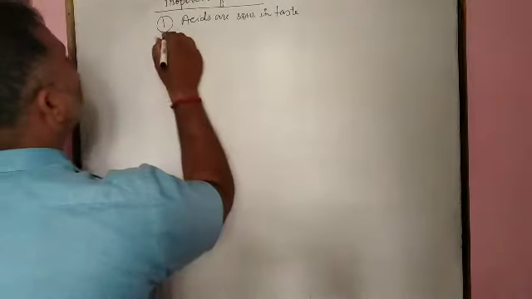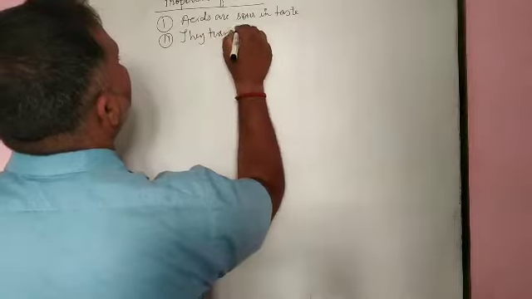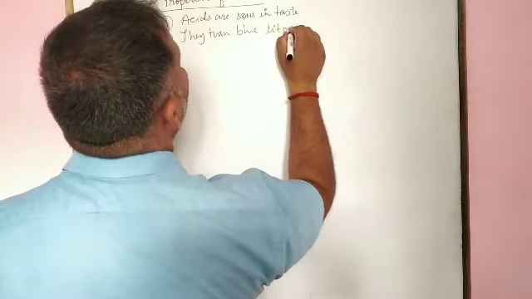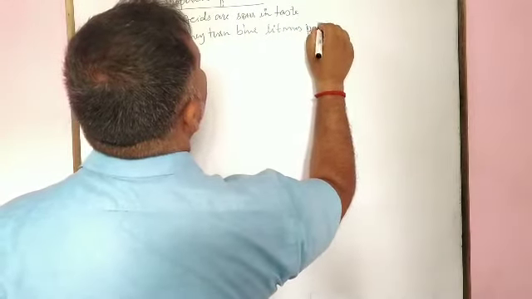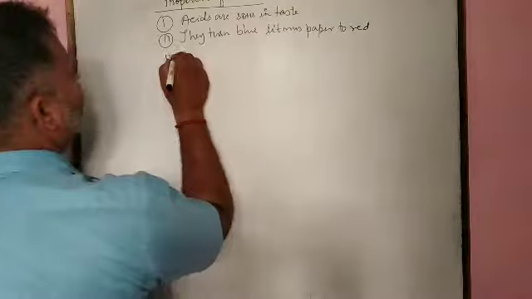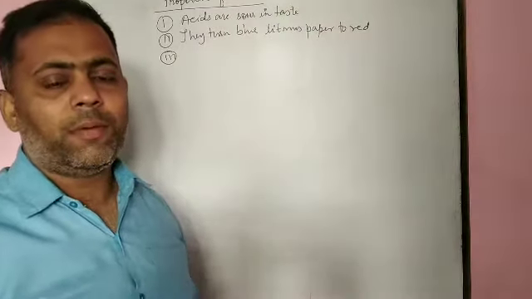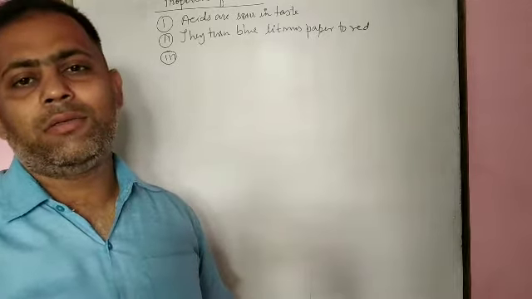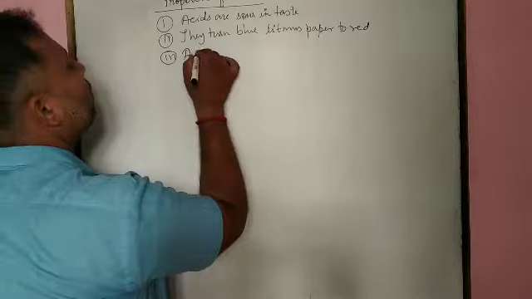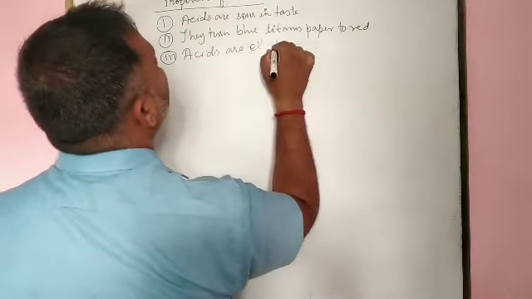The next one, they turn blue litmus paper to red. The next one, acids conduct electricity. It means acids are electrolytes, but in the presence of water.